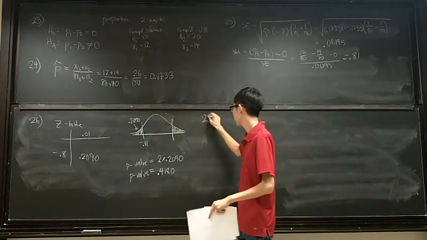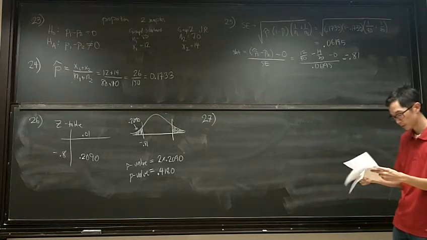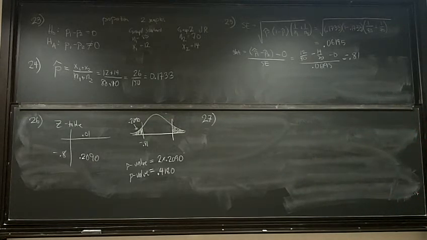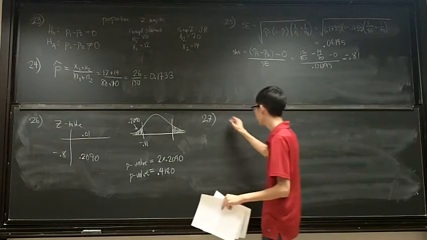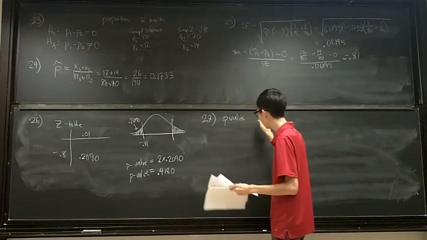So what is our conclusion, and what does that mean? That's the last question here. All right, our conclusion is that we do not reject the null hypothesis. Okay, my p-value is bigger than alpha.